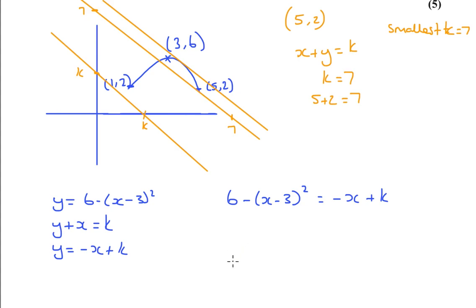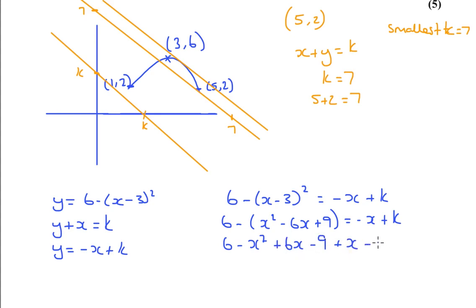So we can then just write that in limit notation as an inequality. So if we expand these brackets, we're going to get x squared minus 6x plus 9 is equal to minus x plus k. Expand those brackets, bring the minus in, move everything over to the left.